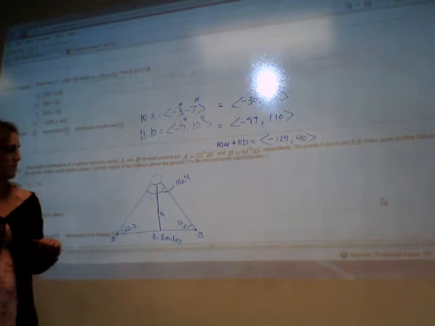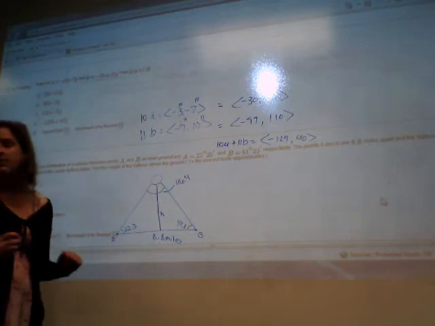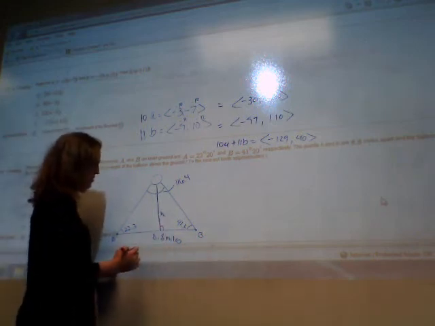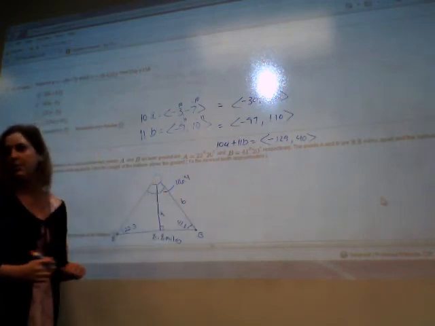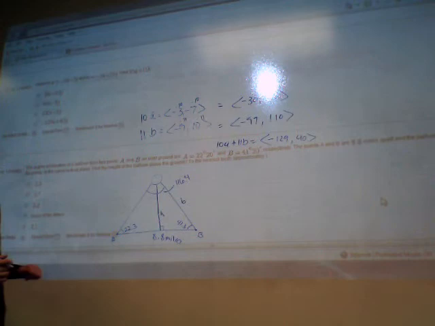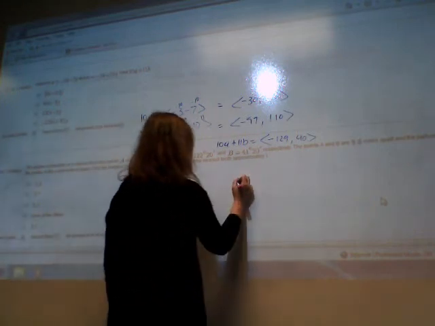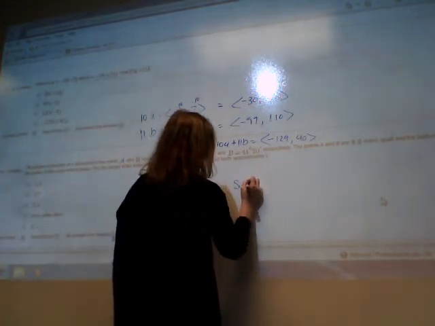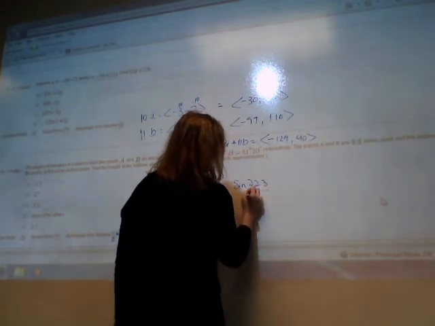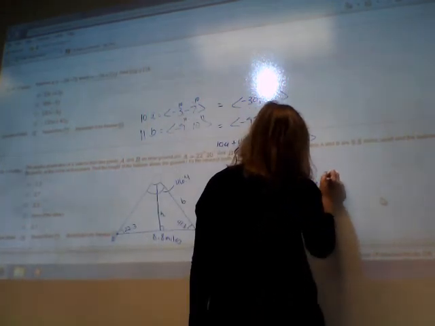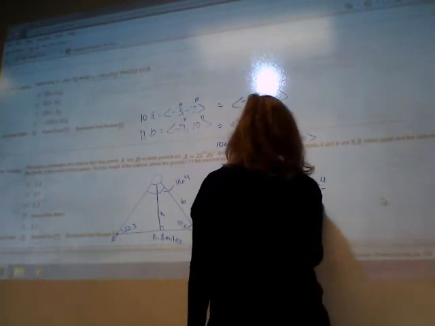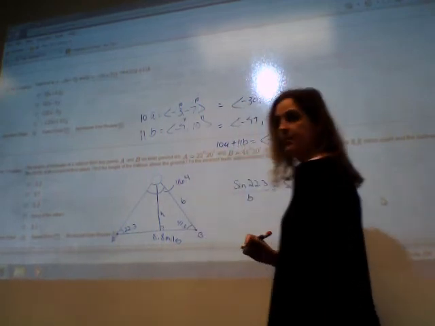So we can use law of sines to find either this or this side. Which one would you prefer? It won't matter. Which one? This side here going between A and the balloon and B? Yeah. Sure. Okay. So what we know then is that the sine of 22.3 over B is equal to the sine of 116.4 over 8.8.